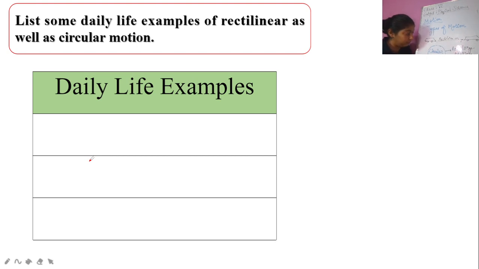If a car is moving in a circle, then we say that this is circular motion. That way we are able to find where circular motion is. If we talk about other examples, there also we have all these types of motions in our surroundings. So you will list more examples where you can see it.